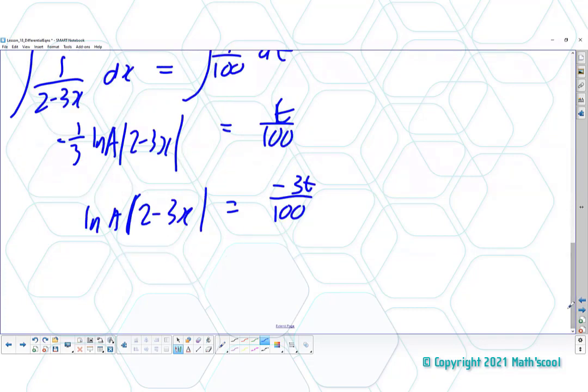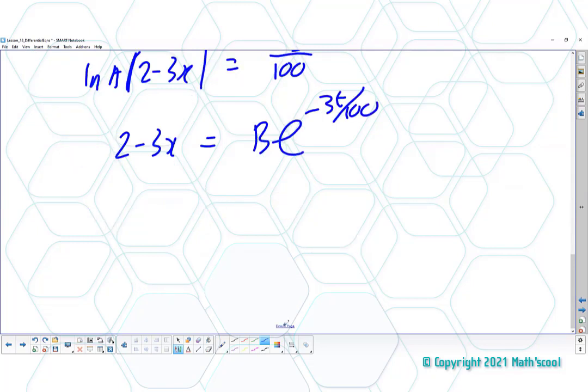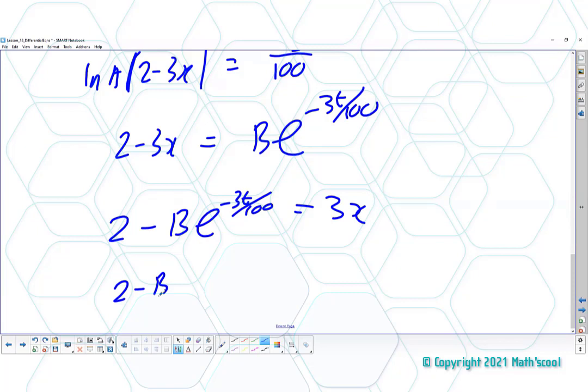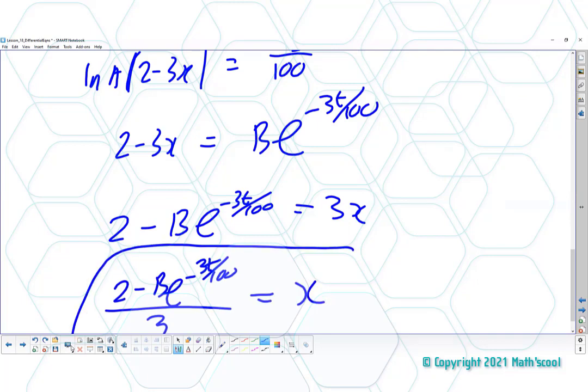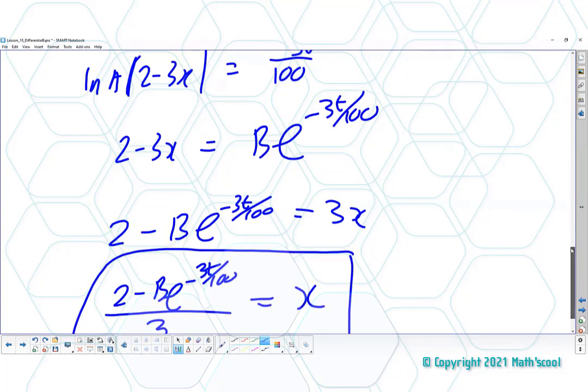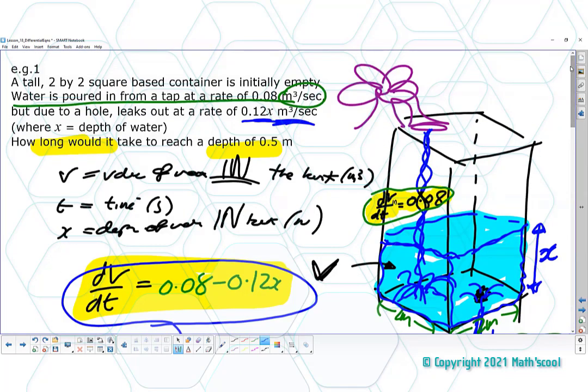E to the power both sides. 2 minus 3x equals b e to the minus 3t over 100, and make x the subject. 2 minus b e to the minus 3t over 100 equals 3x. 2 minus b e to the minus 3t over 100, all over 3, equals x, and then fill in the last bit of unknown. The last bit of unknown is the b.